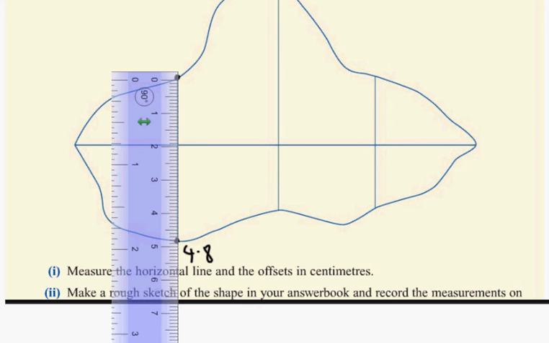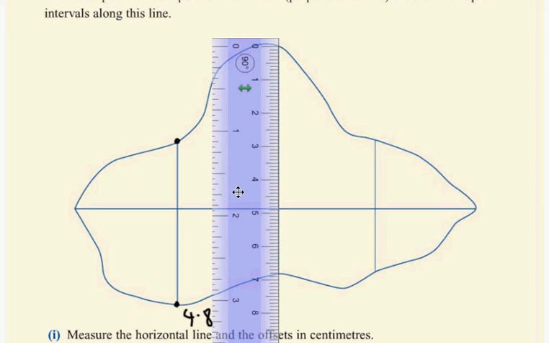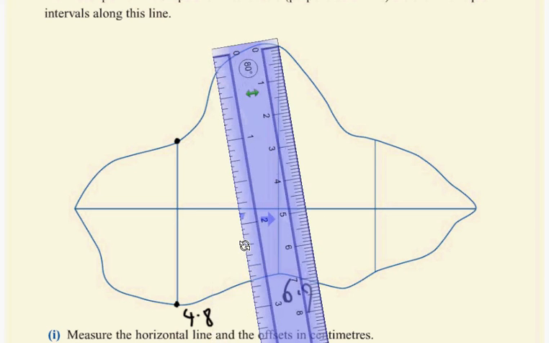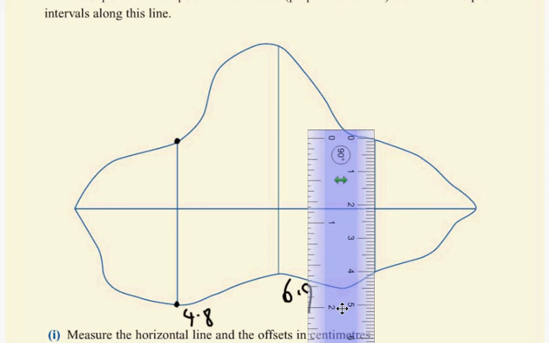You're going to move the ruler over to the other side and go top to bottom, and you're going to get 6.9. The one after that, you're just going to rotate it over here and you're going to get 4 centimeters on the dot. Now, the first and the last one are how big? Do they go straight up? No. Makes that 0. One of the wingers is 0 and the other winger 0.